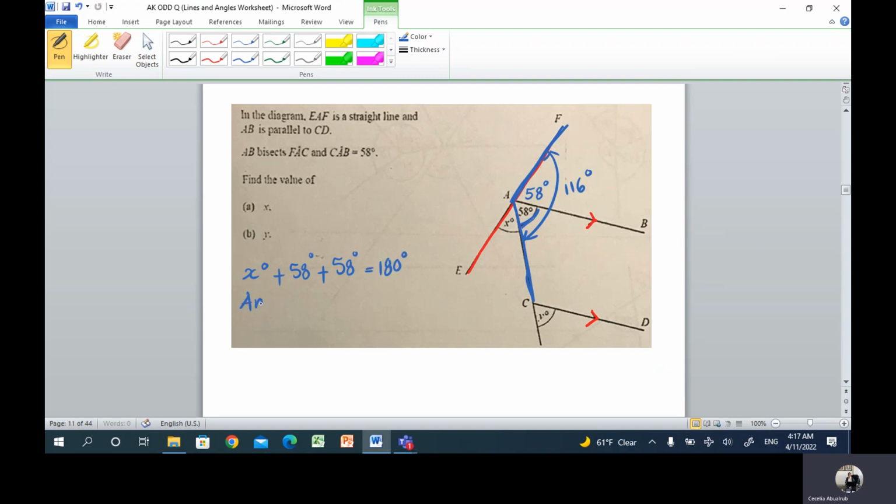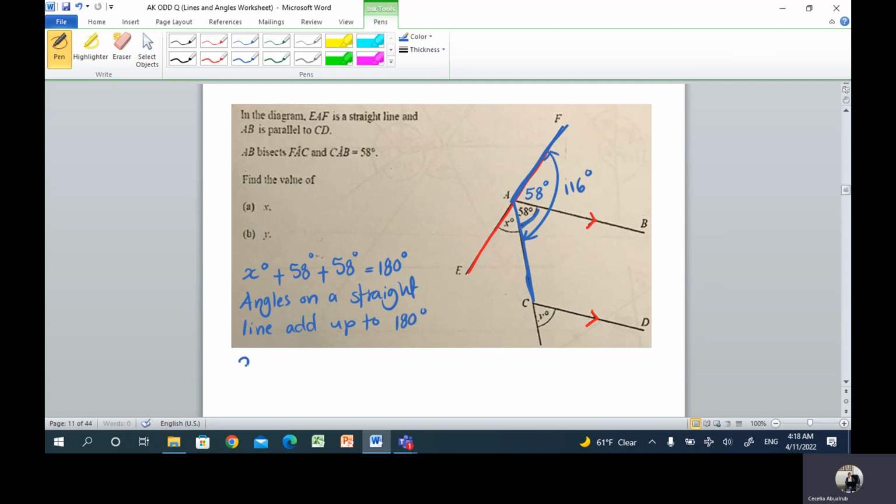Because angles on a straight line add up to 180 degrees.